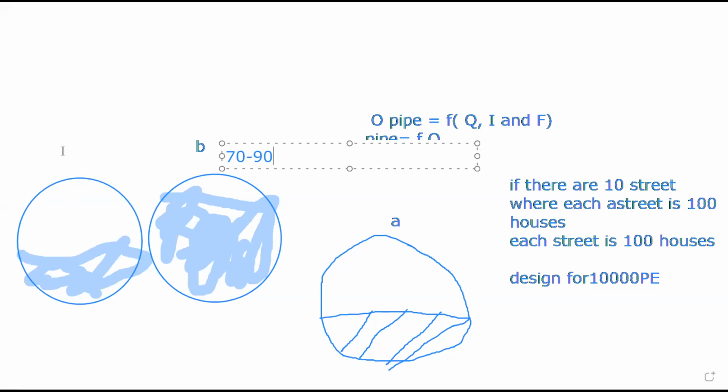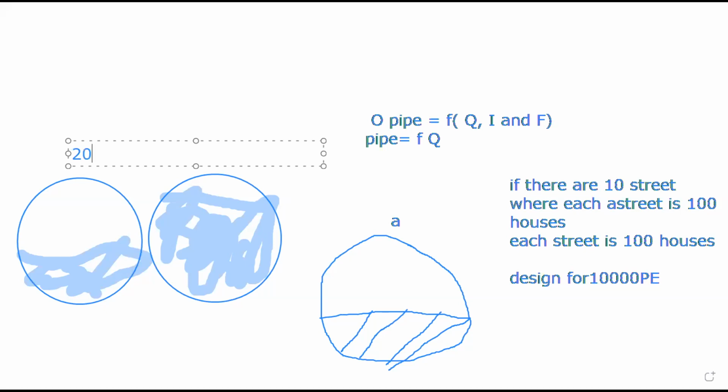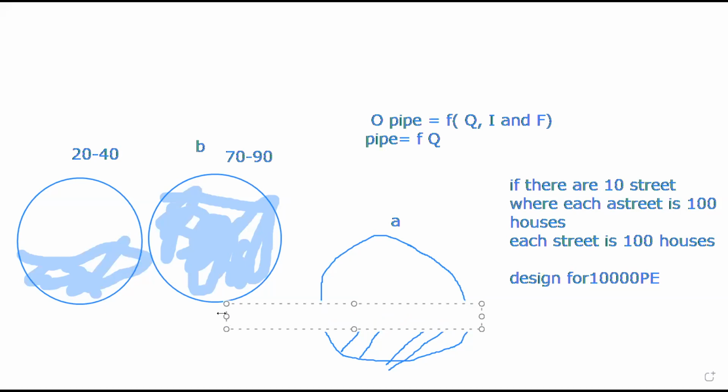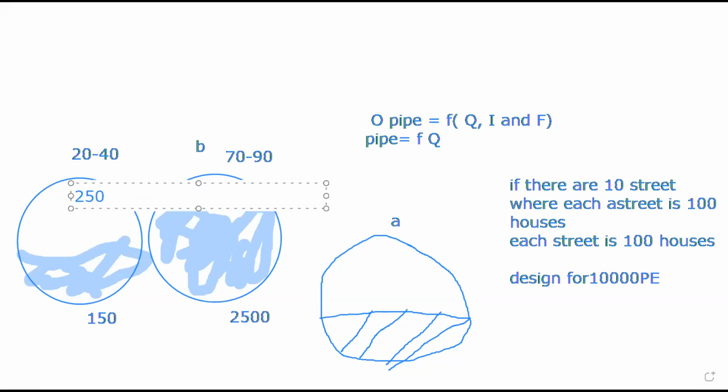So, but this person is at, this is about 20 to 40. So it means that if this pipe is 250 mm, then this designer should use a pipe of, say, 150. But because he's using the same pipe of 250, now look at where his water is.